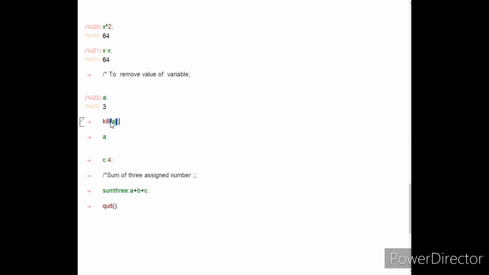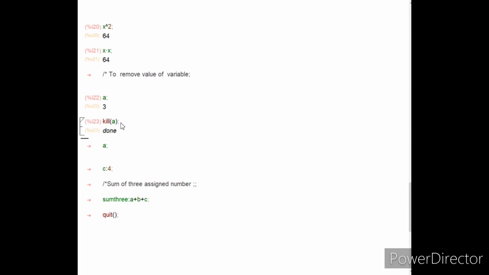The syntax is kill, bracket start, and you will write the variable which you want to empty. So I write here kill a. It means done. Done means now the value of a is removed from the memory of the variable. Suppose I want to check it. Look, a semicolon. Previously in the 22nd cell I obtained 3, but here I am not obtaining any value for a.